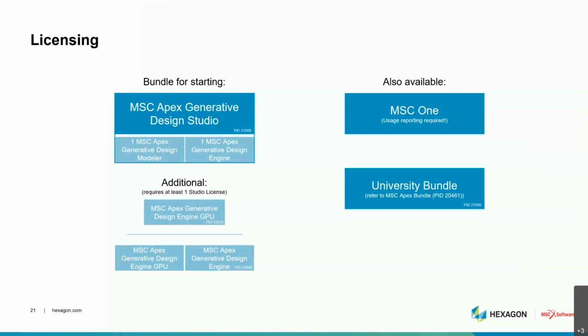And you could even enhance it with more engines to run several optimizations parallel. Or if you're already a user of MSC One from other MSC products, you can use our software directly with MSC One. And the only thing is you need to activate the usage reporting, but that's everything.